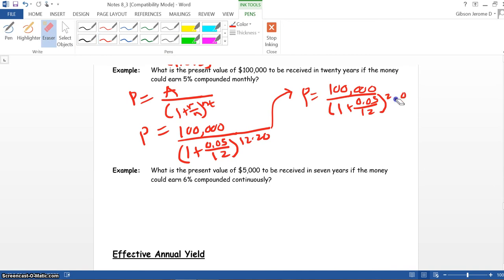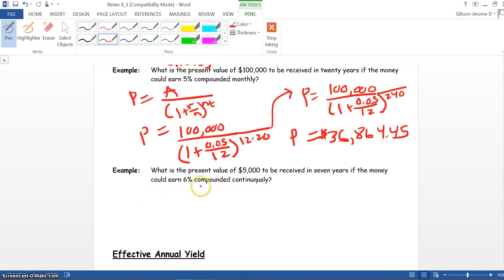Okay, so now that we know this, we want to put this in our calculator, and our final answer would be $36,864.45. That's how much you would have to start off with in order to end up with $100,000 after 20 years. Now we come to our next problem.